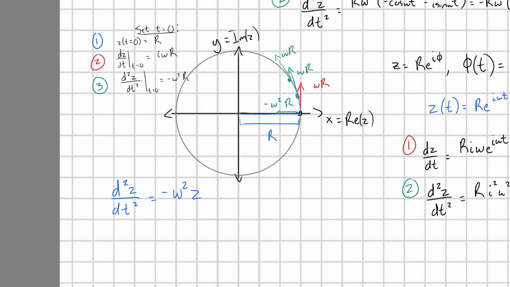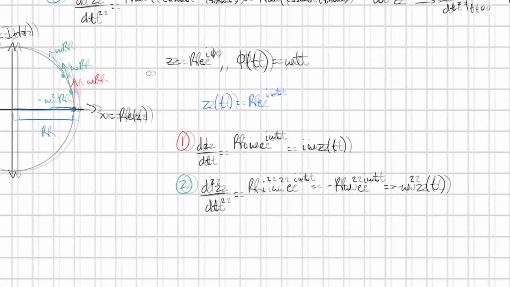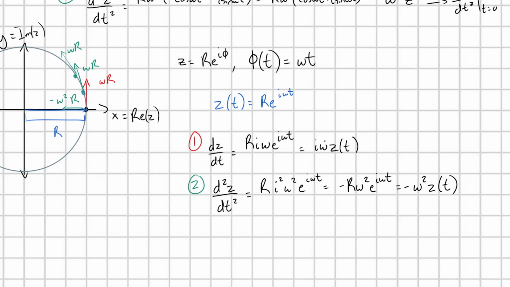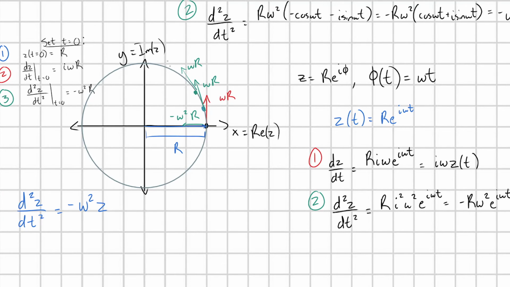Now I hope we're getting even more convinced that this particle is traveling along a circle. Please keep stumbling across more and more facts. Prove to yourself that this multiplication by I in this velocity function results in a 90-degree rotation.